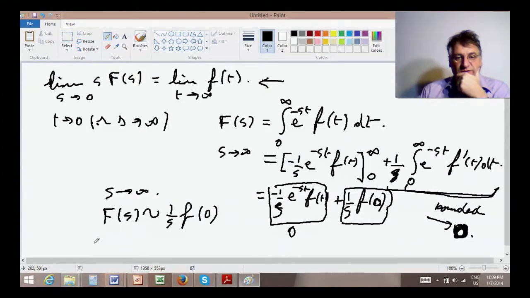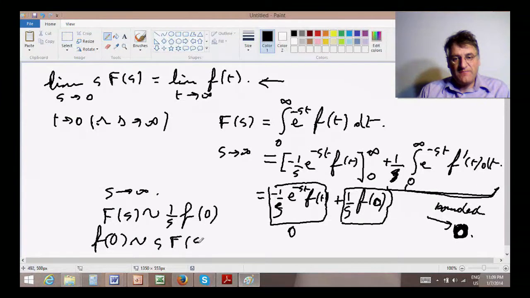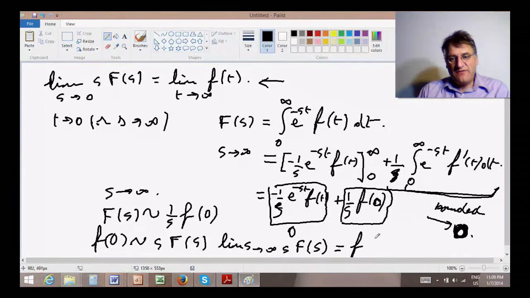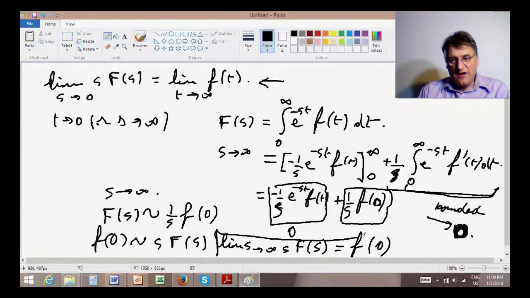Or in other terms, f of 0 looks like s times f of s. The limit when s tends to infinity of s f of s is equal to f of 0. And that concludes our second theorem.